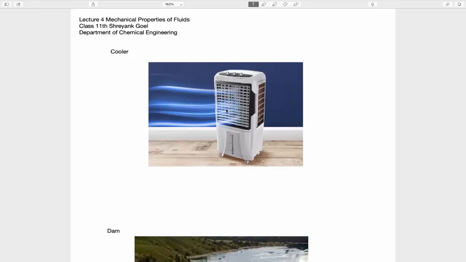My primary aim is to tell you why fluid is important. Here the fluid is air, flowing from this cooler to the surroundings, where it gets mixed with the surrounding air and makes the environment cool.